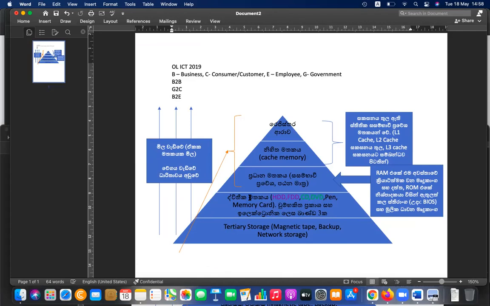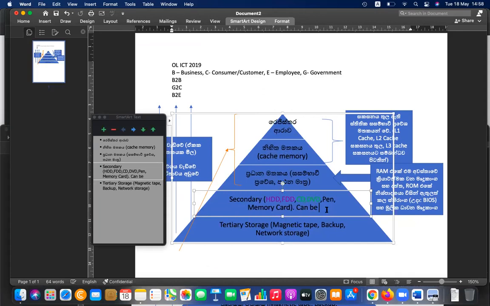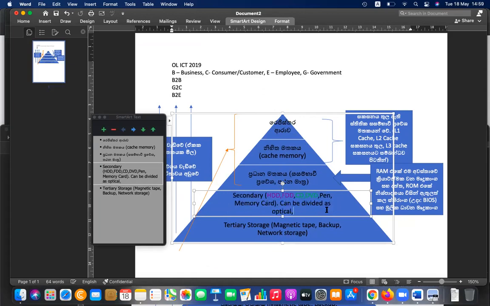Then you have secondary storage. Secondary storage can be divided as optical, magnetic, and electronic.